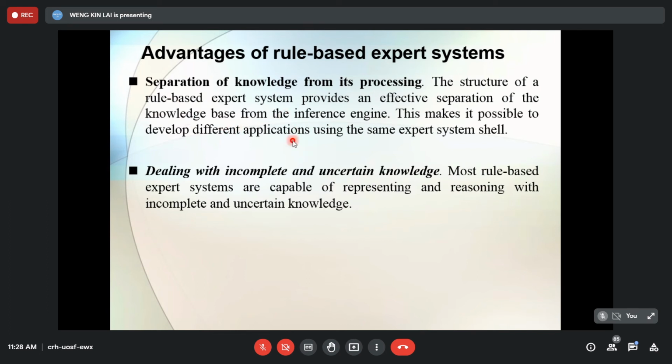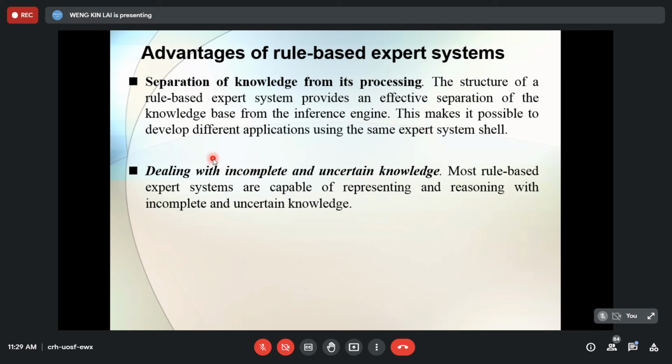So this makes it possible to develop different applications using the same expert system shell. You can use the same inference engine, but the rule-based knowledge base can change, so the same processing can be used for different applications.